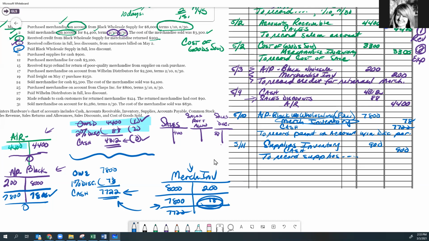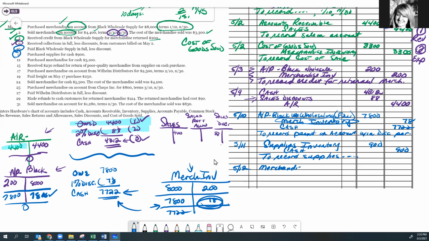All right, so that was 5/11. We're done with that. So let's look at May 12th. We're purchasing more inventory of 3,100. So on 5/12, we're purchasing inventory for cash in this case. We have merchandise inventory.